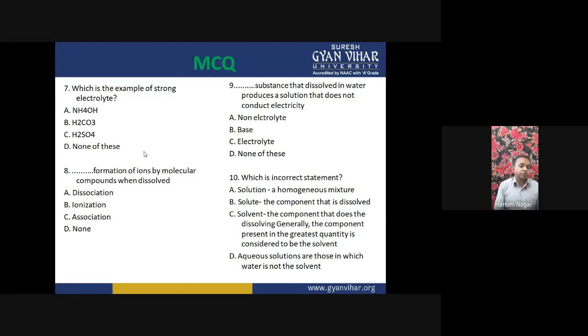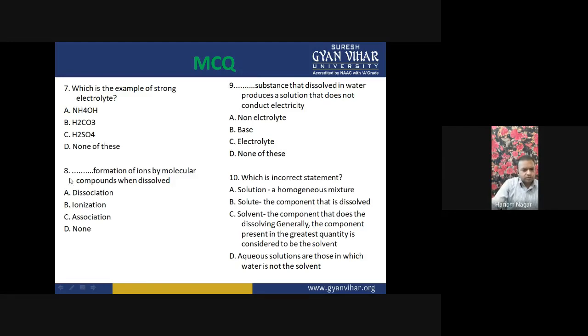It can be put in the category of weak bases. H2CO3 is a weak acid, and H2SO4 is a strong acid. We have discussed that strong acids are strong electrolytes. So H2SO4 will be the correct option because it is a strong acid.